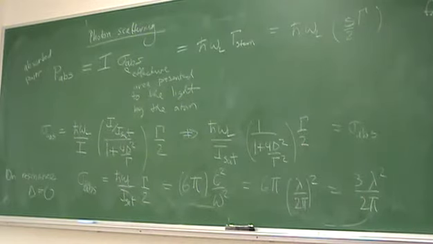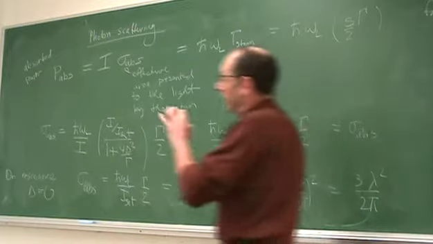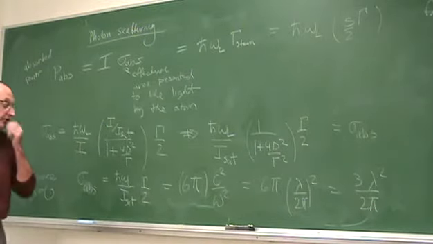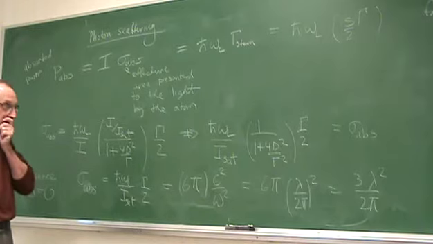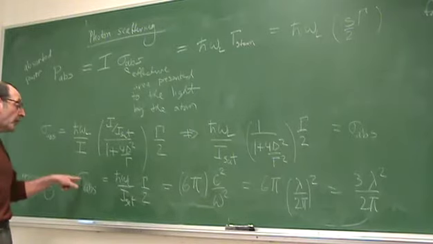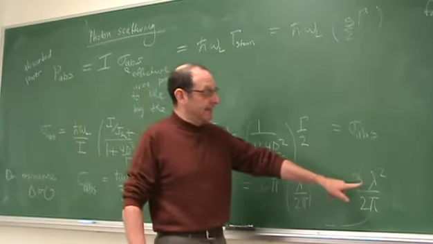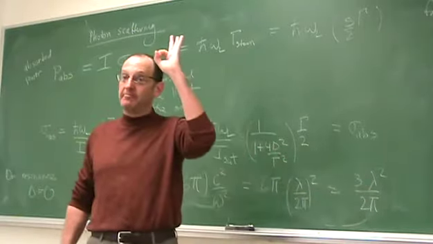So one lesson we learned here, and this is a very important lesson, is that if I have a two-level atom with a unit oscillator strength, then the resonant absorption cross-section is basically lambda squared.